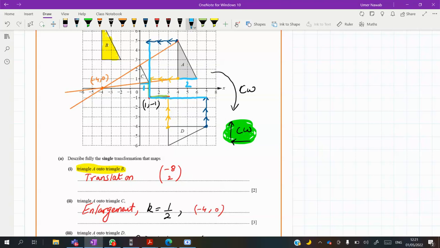This technique I normally use because I don't want to use a compass.